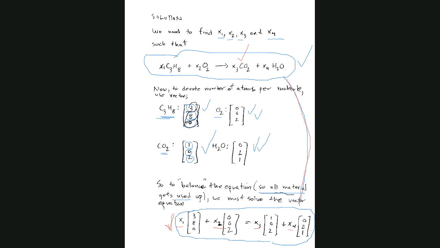So how many equations are going to result from this vector equation? How many equations will there be? That's right. Thank you, Solomon. There'll be 3 equations. That's right, Divahar.